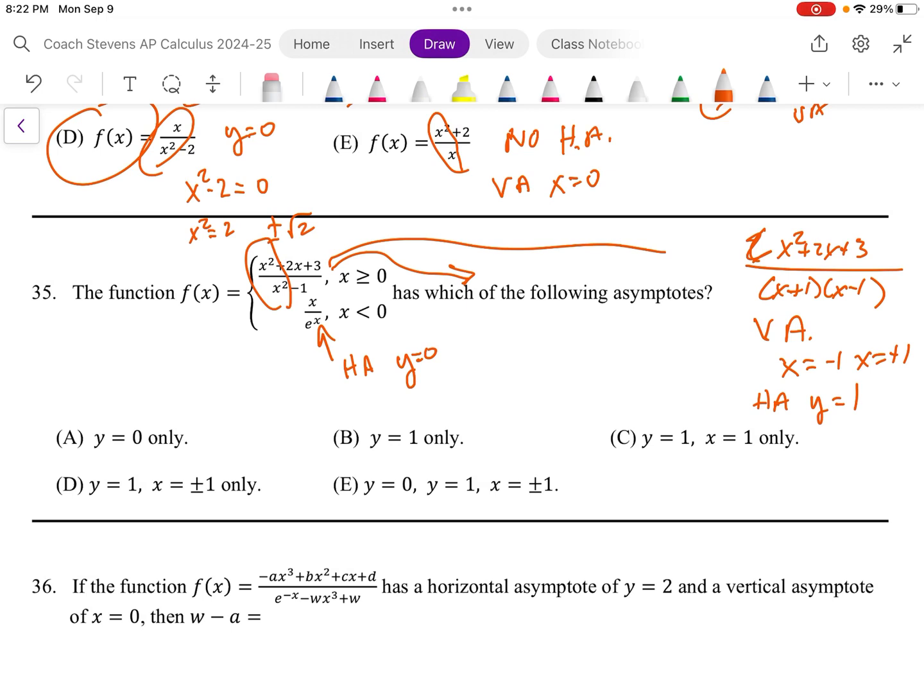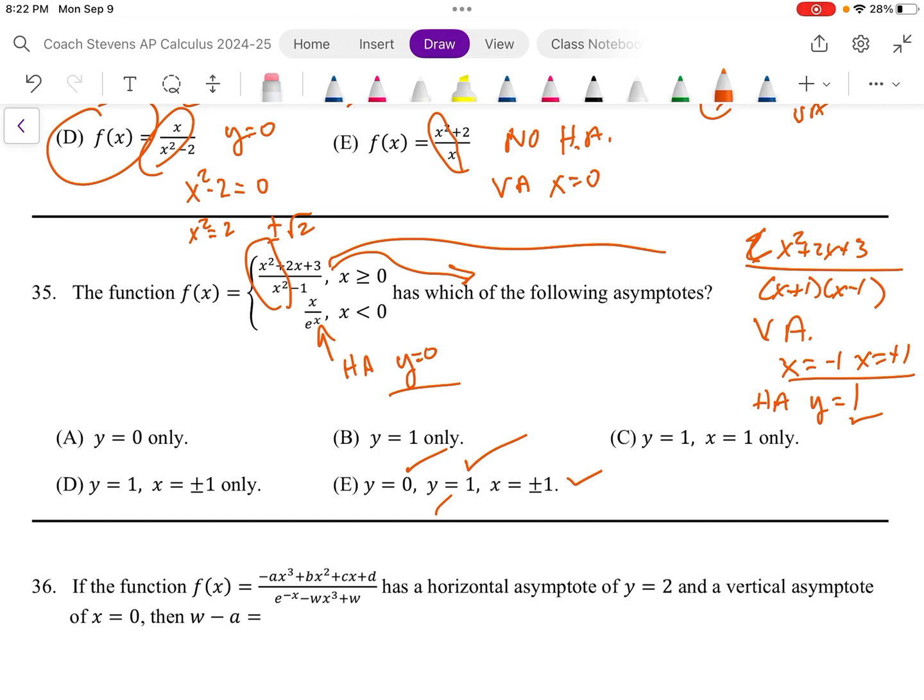And so now as I look at that entire function as a whole, we said there's a horizontal asymptote at 0. It has a horizontal asymptote at 1. And it has 2 vertical asymptotes. So I would go with E being the choice on that one.